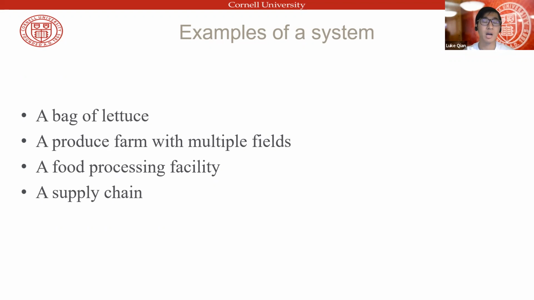However, depending on our research question, we can narrow down the system to its essential components. For example, in terms of a bag of lettuce, if you are interested to know what will be the spoiled time of this bag of lettuce, we can ignore many components, including pH, oxidation rate, and other factors, and leave only the most important components, which are the spoilage microorganisms in this bag of lettuce, as well as its storage time and temperature.